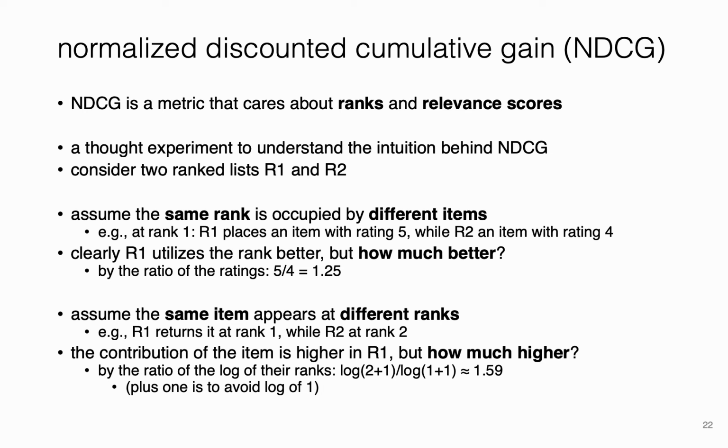This depends on how much more visible rank 1 is compared to rank 2. Several studies have shown that the relative importance depends on the logarithm of their ranks. So we might get something like 1.59 times more important.